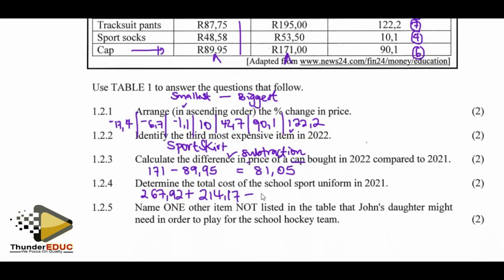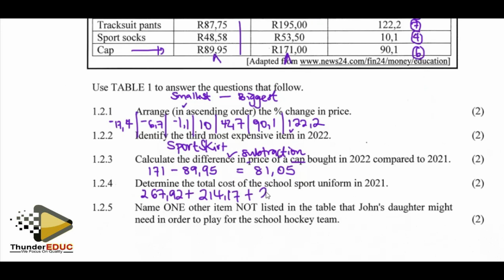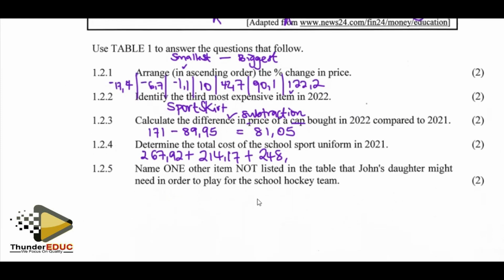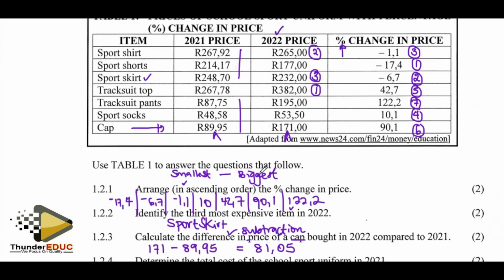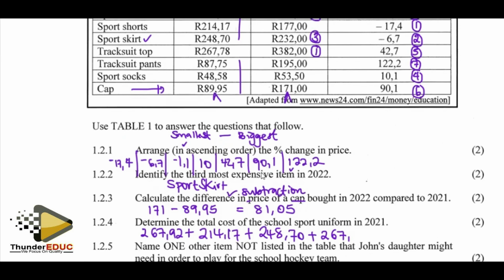17 plus 248 rands 70 cents plus 260.7 467 plus 87 rand 75 cents.